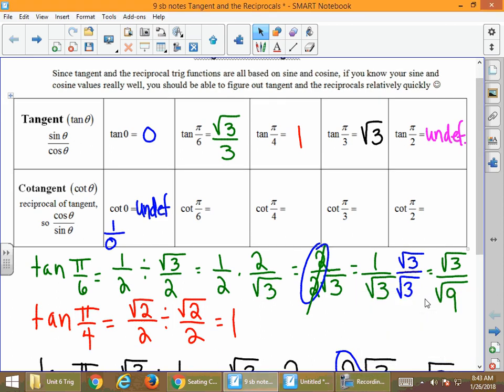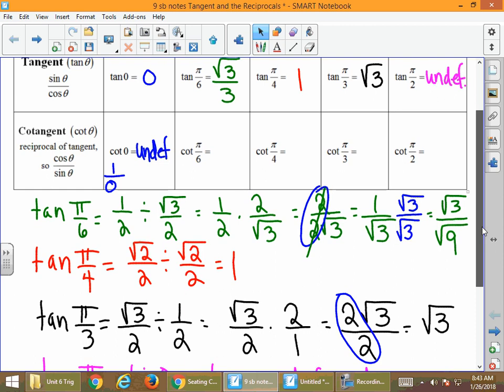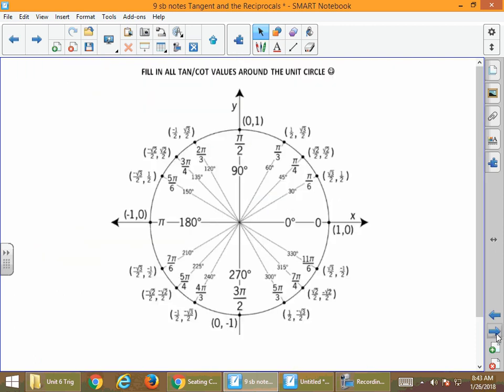So when we look at the cotangent of pi over 6, it's going to be the reciprocal of tangent. We still could do the cosine value divided by the sine value, which in this case, looking at our unit circle, the cosine value would be the square root of 3 over 2 divided by 1/2.